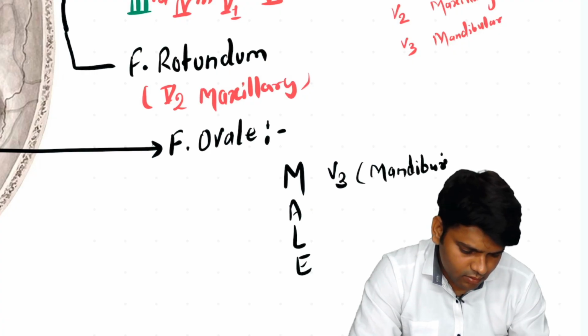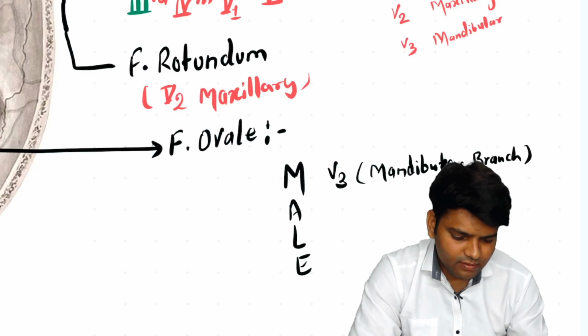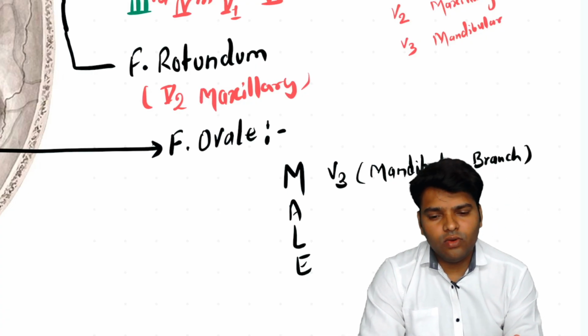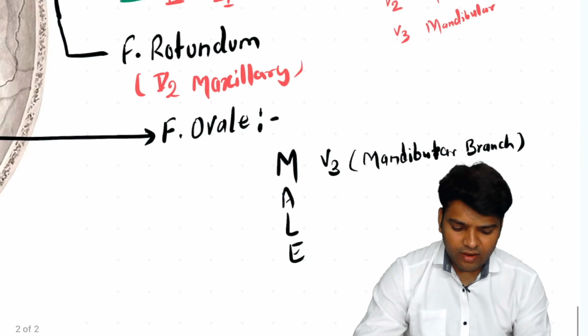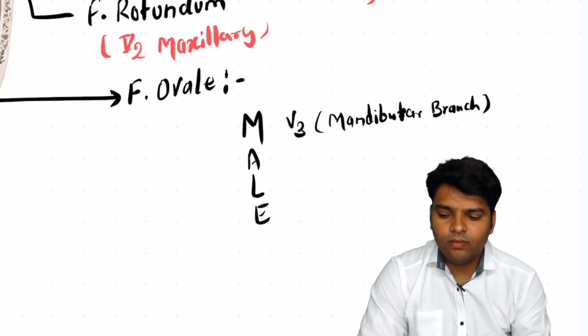The mandibular nerve passes through the foramen ovale, and some other structures also pass through it.